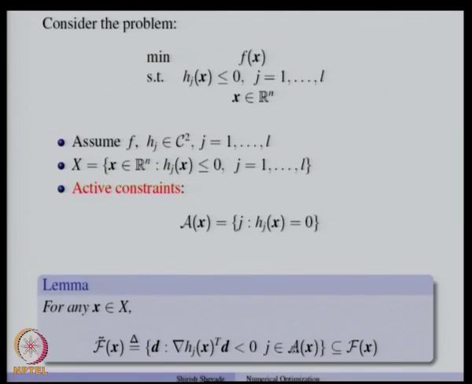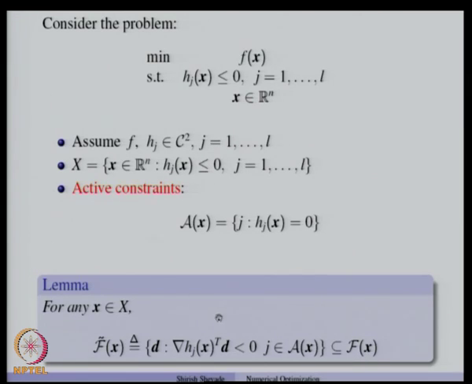So, if we collect all the active constraints and find the set of directions which make an obtuse angle with all the gradients of the active constraints, let us denote that set by f tilde x, and the result says that this f tilde x is a subset of f of x, the set of all feasible directions at x.